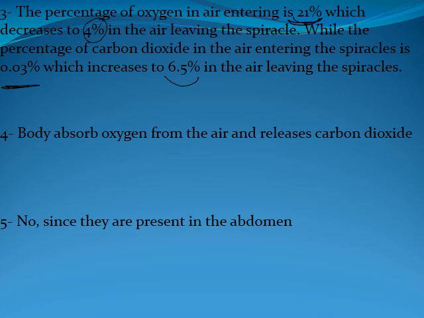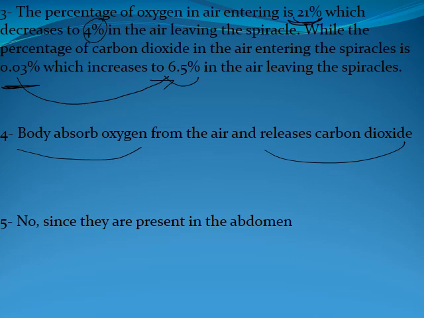How can you prove in question number 4? The body absorbs oxygen, as we know, due to the decrease in the percentage from 21 to 4%, while it releases carbon dioxide, and this explains the increase in the percentage of carbon dioxide from 0.03% to reach 6.5%.